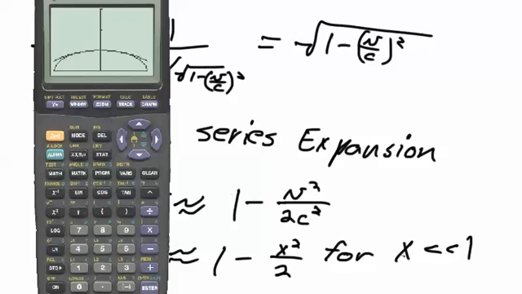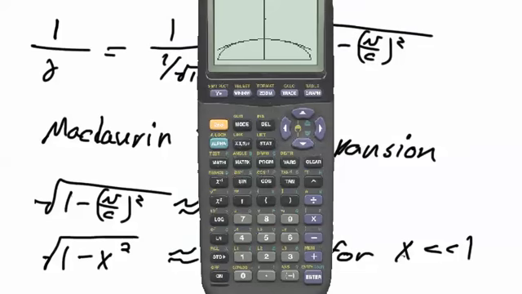And you can see in the region between about -0.5, -0.6 to +0.6, these are pretty close to the same thing. You'll see that the real 1 over gamma goes all the way to 0 at the speed of light, and goes all the way to 0 at negative speed of light and positive speed of light.